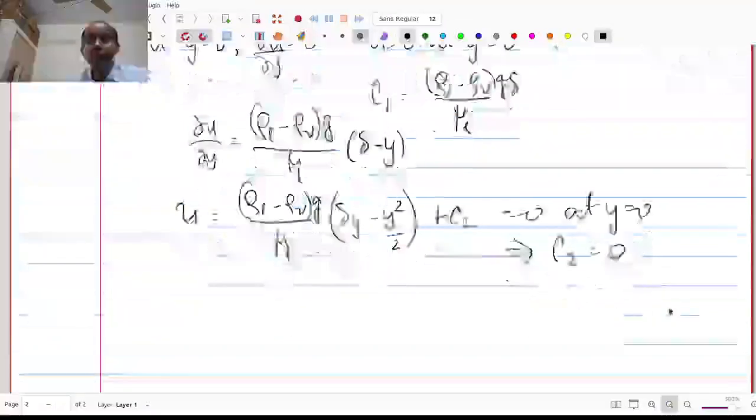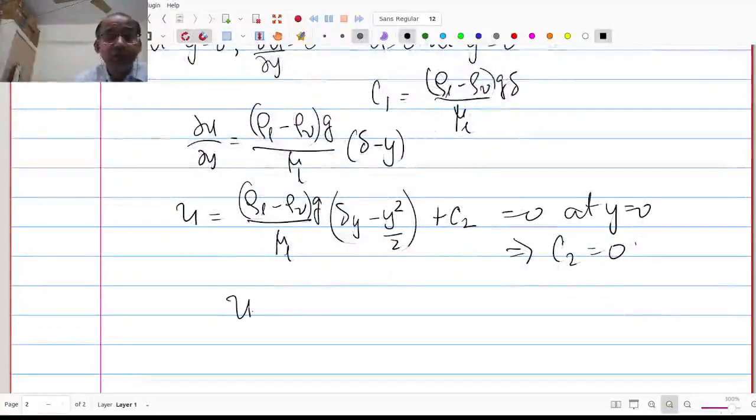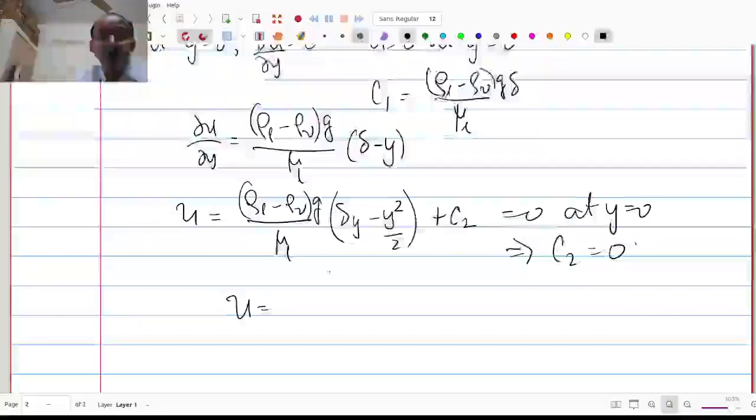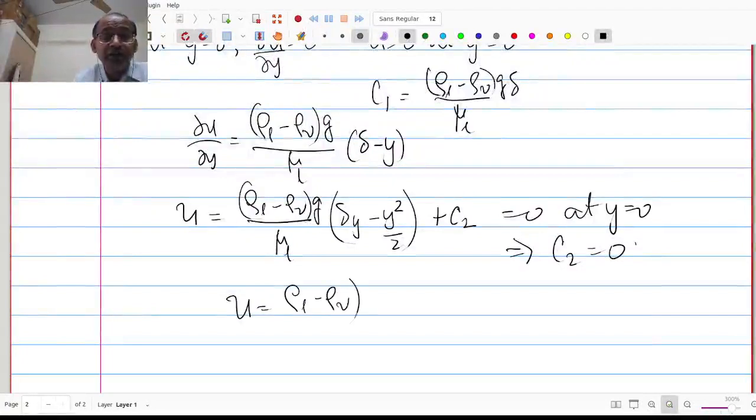So then u is equal to, if I take out a delta squared, rho L minus rho V into G delta squared by mu L multiplied by y by delta minus y squared by 2 delta squared.